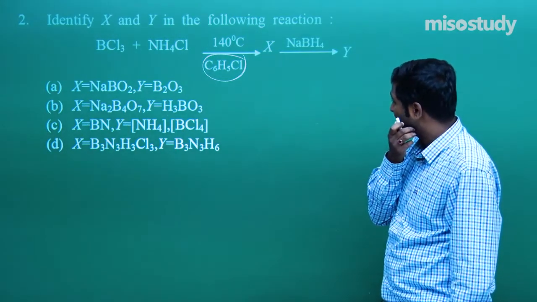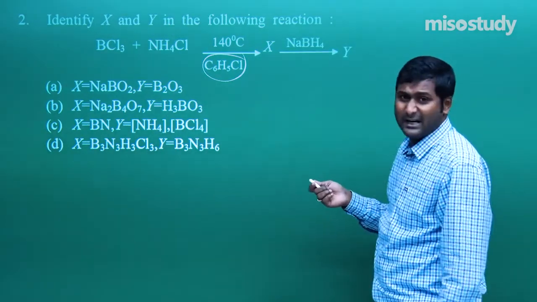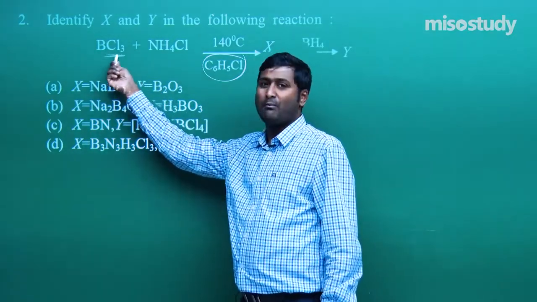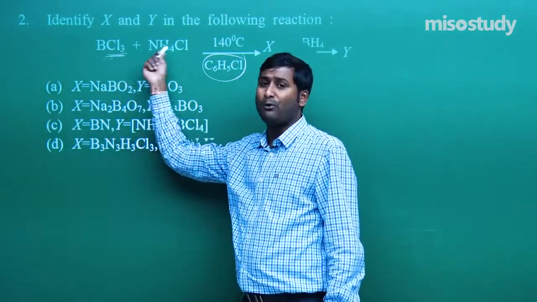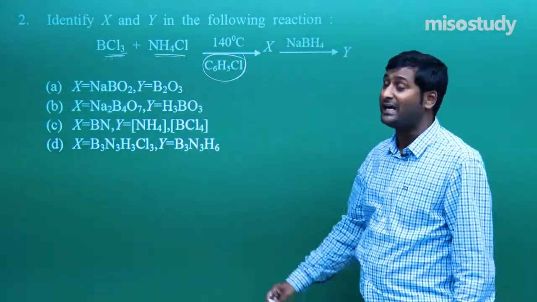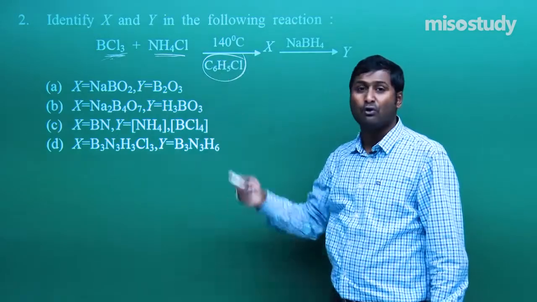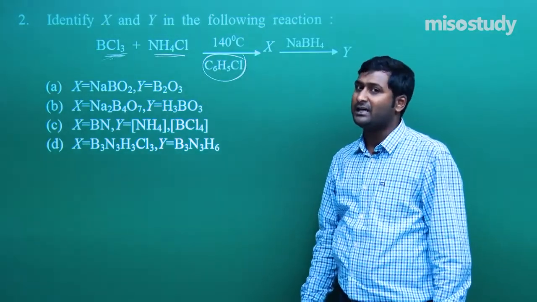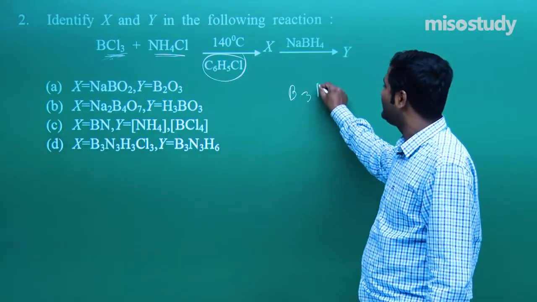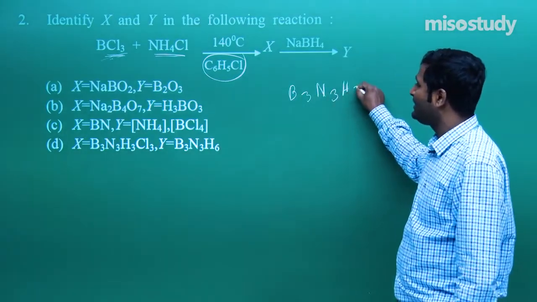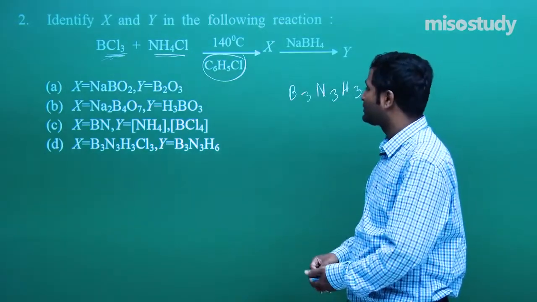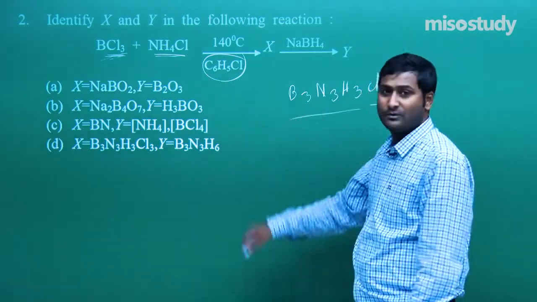Remember, BCl3 is boron trichloride, and when treated with ammonium chloride in presence of chlorobenzene, it gives you B3N3H3Cl3.